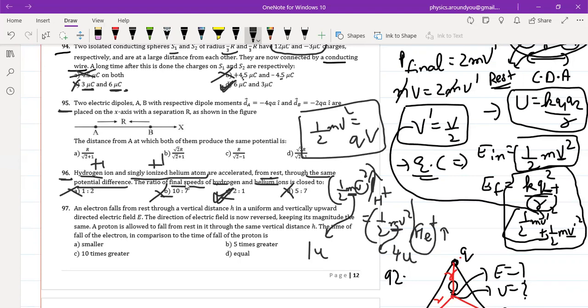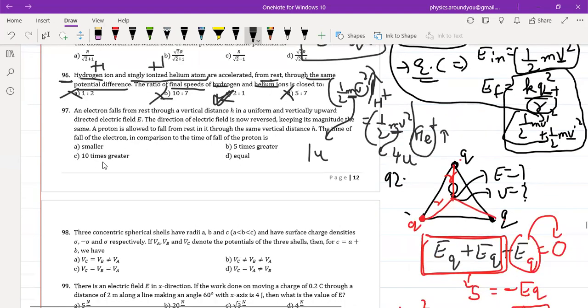Now, question number 97. This doesn't have much working because it is an NCERT example question we have done in the class as well. How to proceed with this? We have two particles here, one proton and one electron.